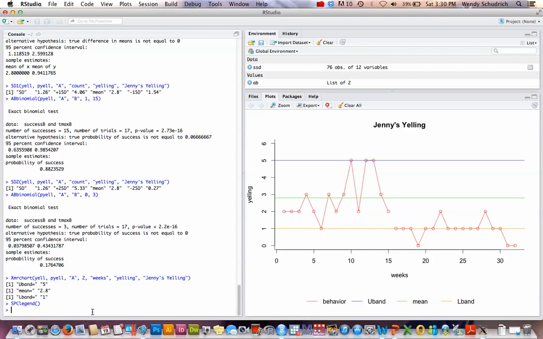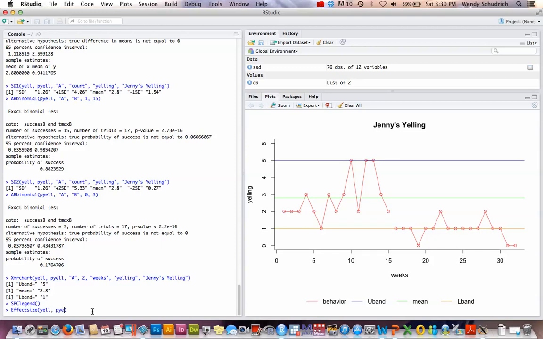Okay, now another good way of looking at change that doesn't rely on type 1 error is to do effect size. And we're going to begin by using the ES effect size and also the D index.